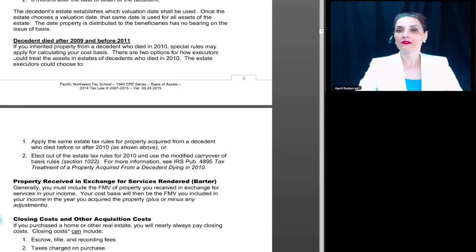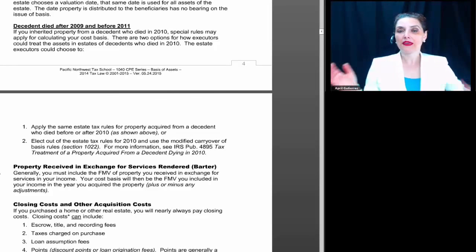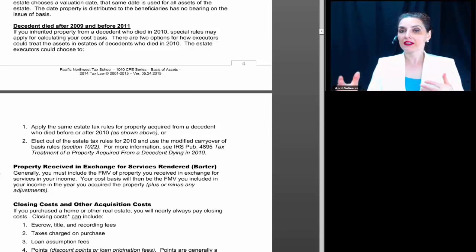And so only for 2010 do we have the special rules in play. Ultimately what they meant was that if a person died in 2010 and they were worth a lot of money, more than $5 million, then the estate would not have to pay estate tax, but the estate was going to have to figure the basis of assets held by the estate based on what the basis was to the decedent.